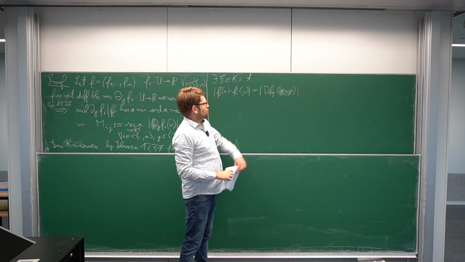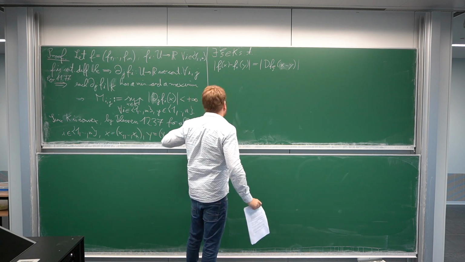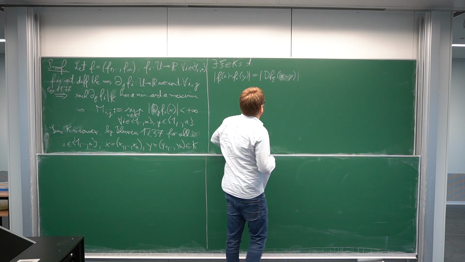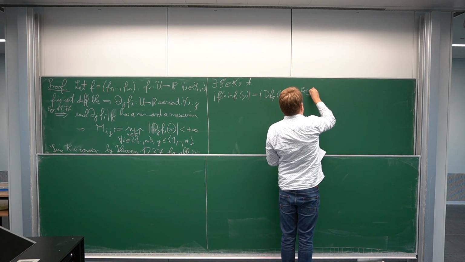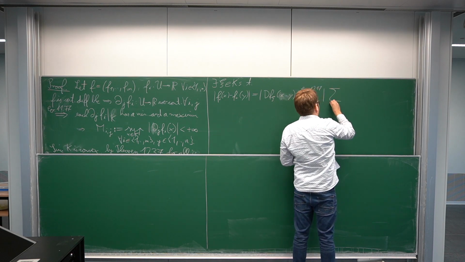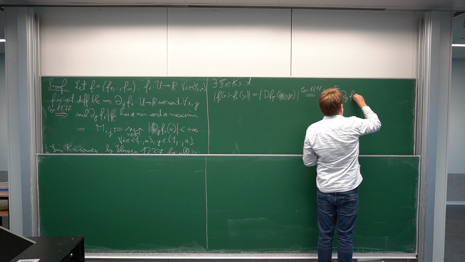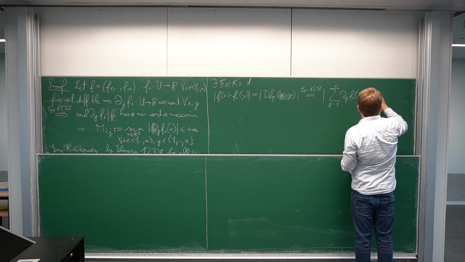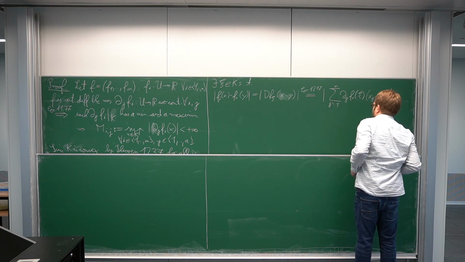Now, this expression has the differences of the components, and by our formula for explicit forms of differentials, corollary 1217, this is the same as the absolute value of the sum from j equals 1 to n of ∂_j f_i(ξ) times the jth component, x_j minus y_j.